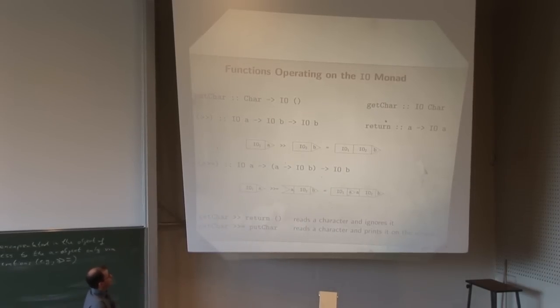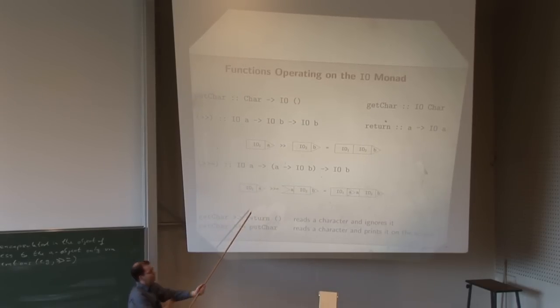Now there is a better way of composing monad objects or I/O actions, namely this bind operator. This was called then, and this is called bind. And here you first perform the action in the first argument, and then the second action depends on the value that was encapsulated in the first action. So you first perform this IO1 action.